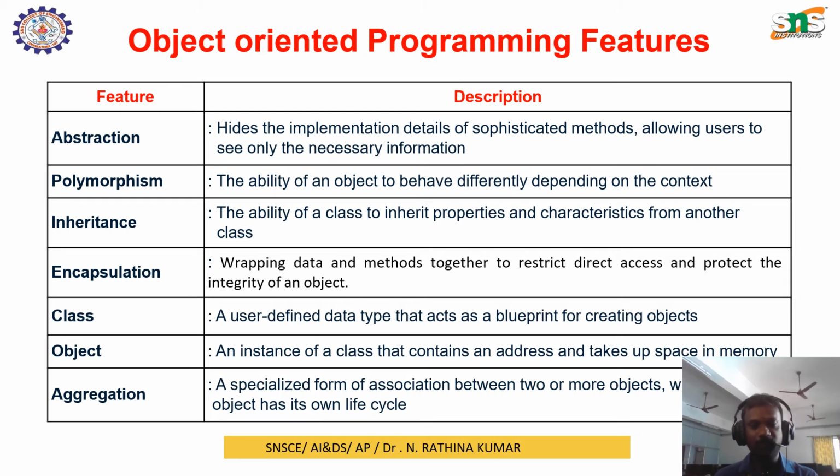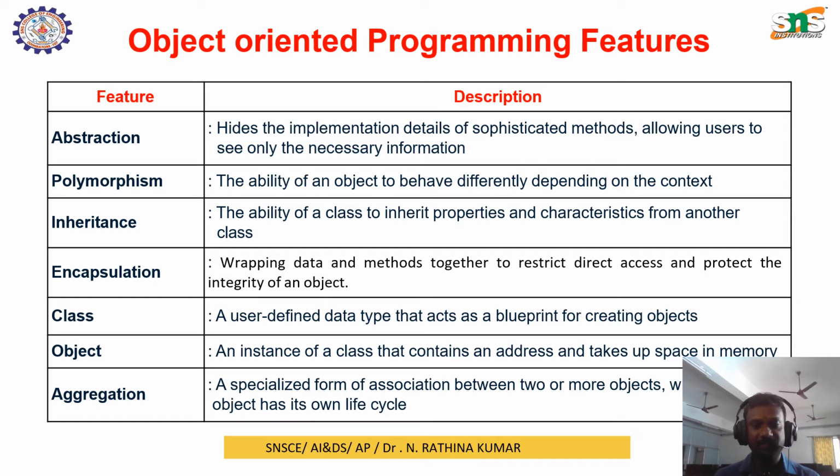If they go to a bank, they act as a customer. If they travel in a bus or a railway, they are considered a passenger. The same person is called by a different name in different places. This is a simple real-time example for polymorphism.